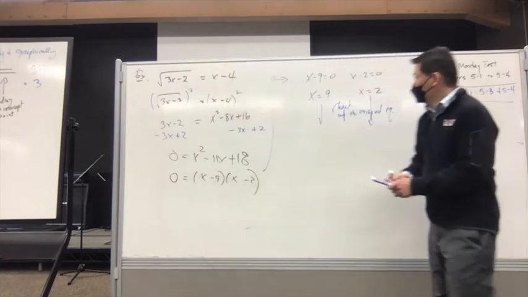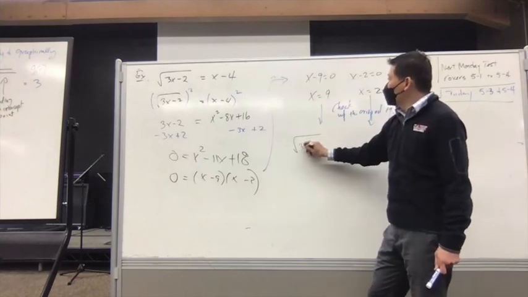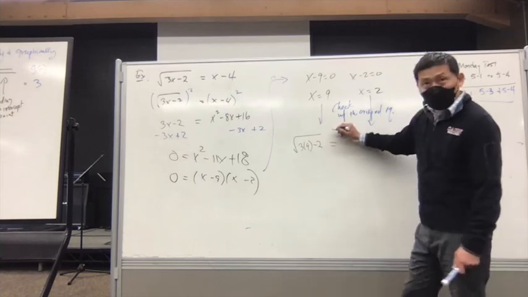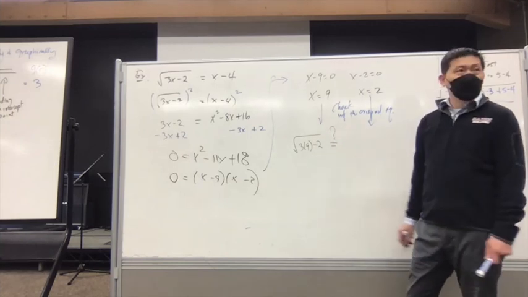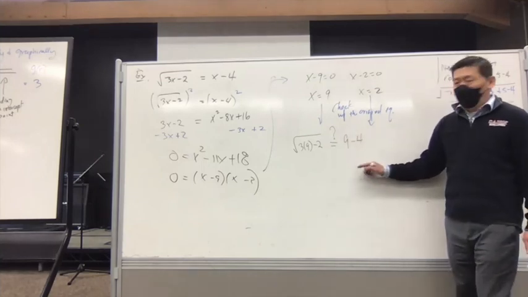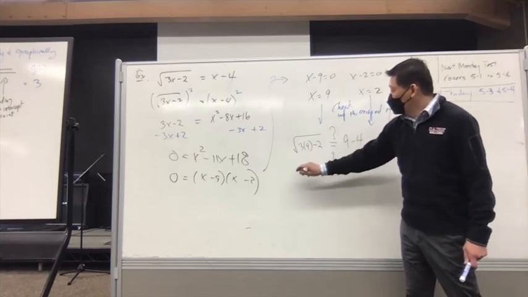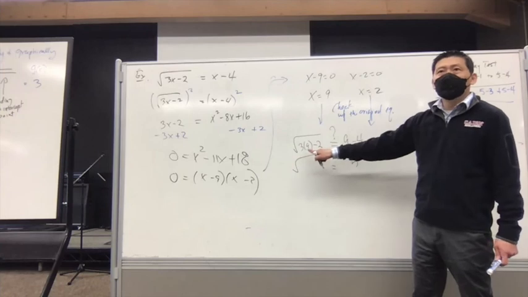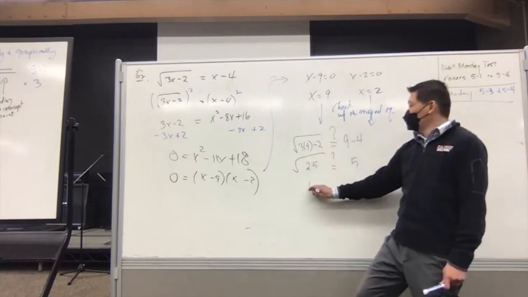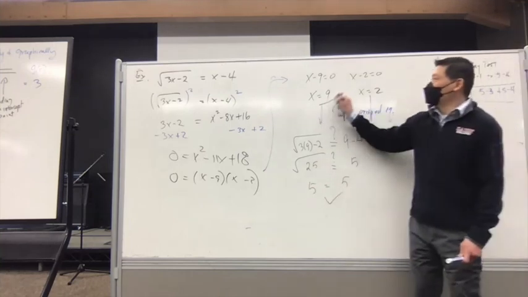So you put that in here: 3 times 9 minus 2, question mark, because you don't know if it's true, equals 9 minus 4. I know that on this side it has to be 5. I want to see if that's true. Square root of 27 minus 2 is 25. Oh, 5 is 5. Yay! We got that one. We like it.